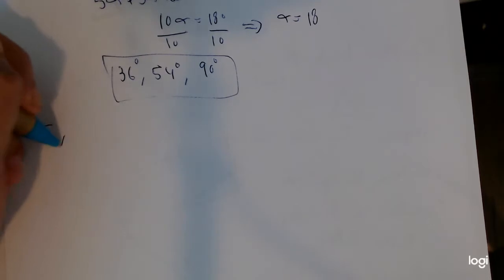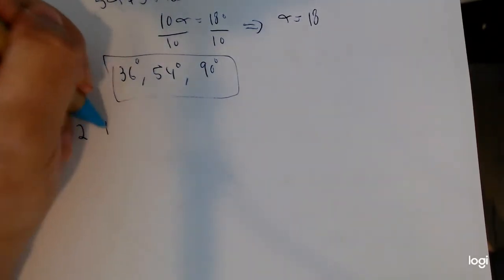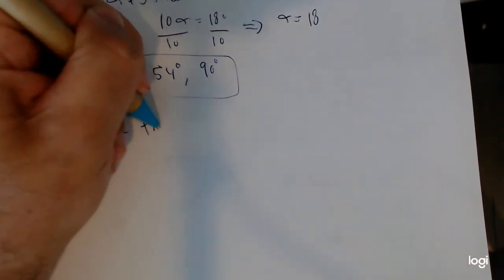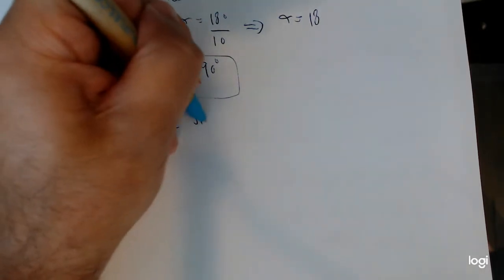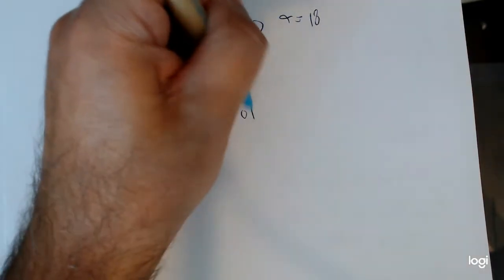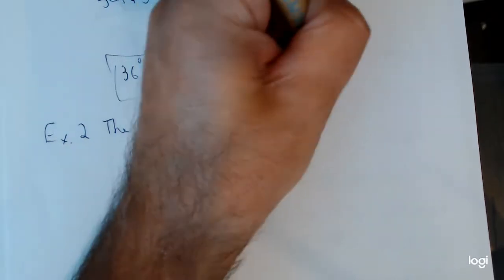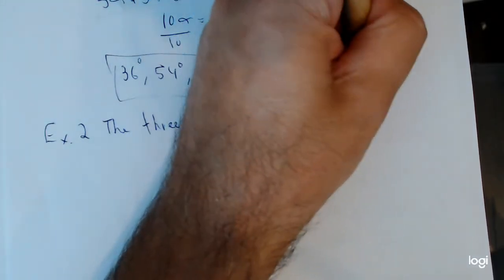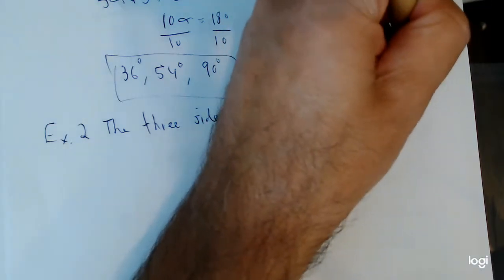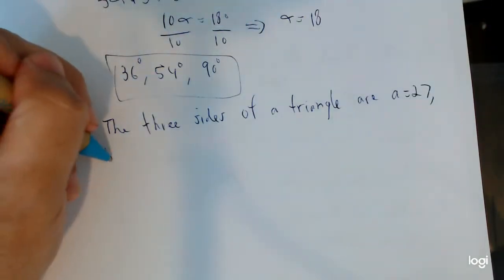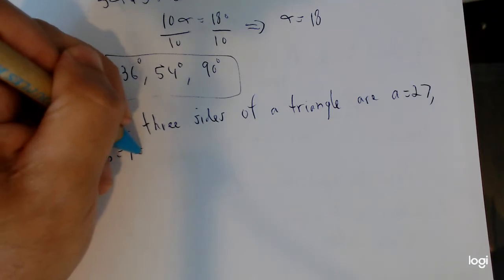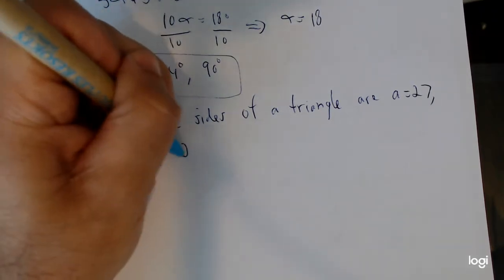So for example 2, the three sides of a triangle are A equals 27, B equals 15, and C equals 22.